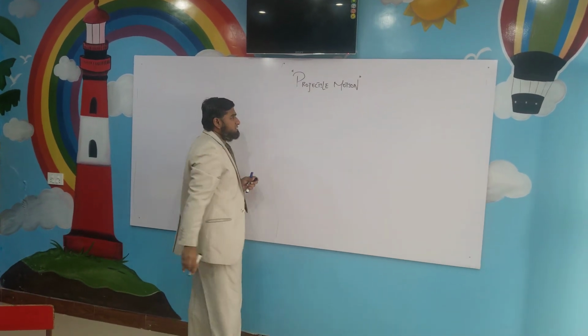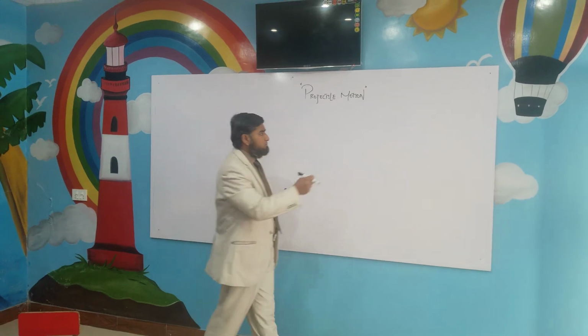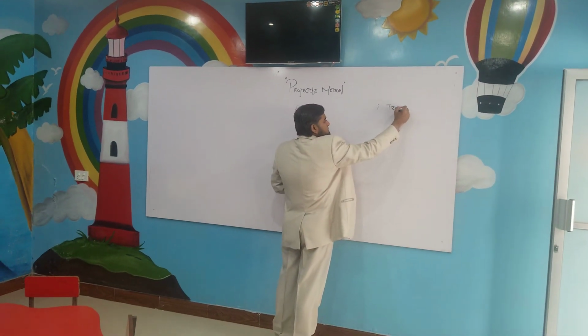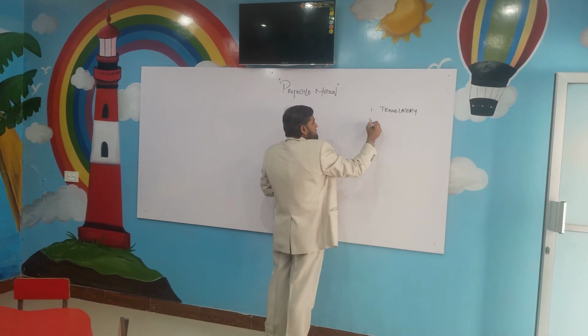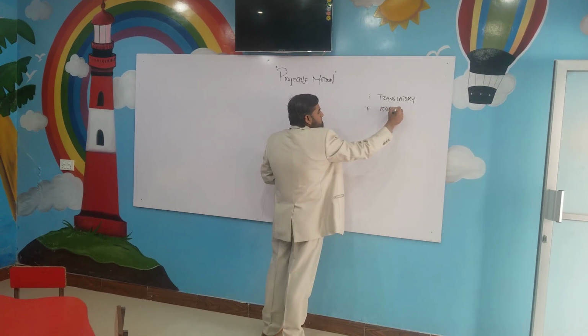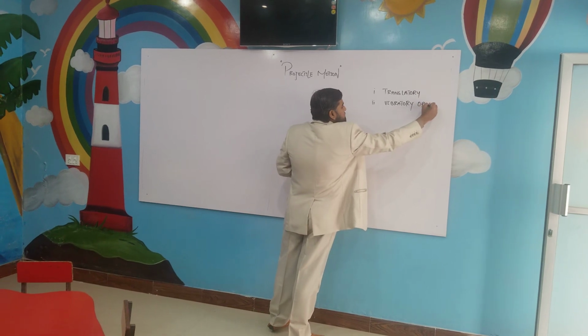In previous classes, we have discussed three types of motion. Number one, translatory motion. Number two, vibratory or oscillatory motion.